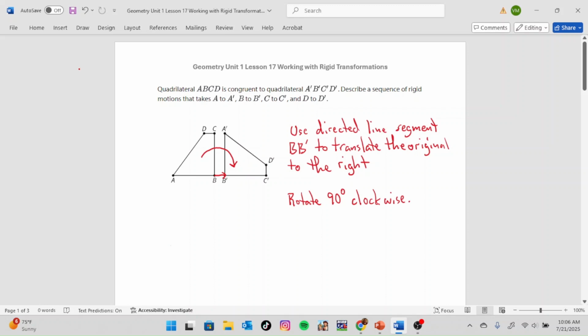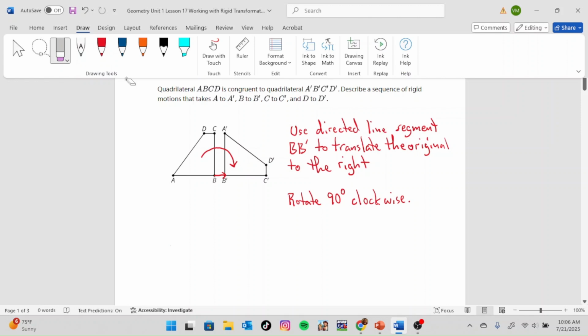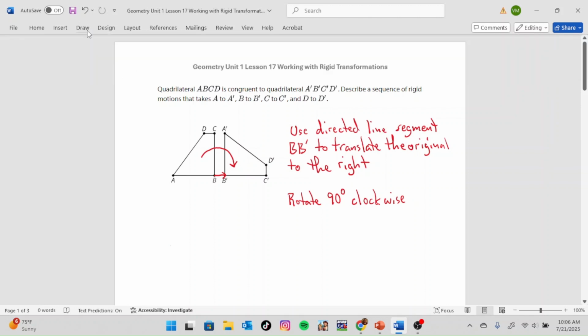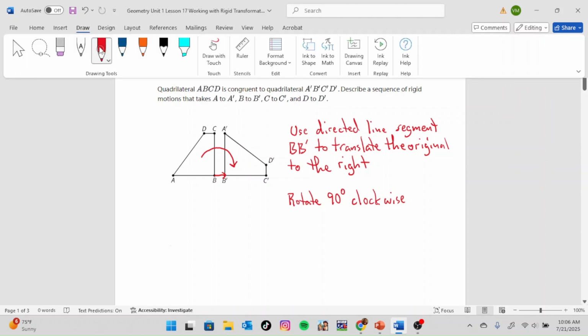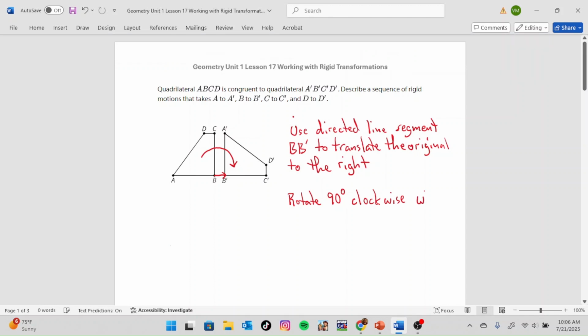And once we've done that, let's specify 90 degrees clockwise with B prime as the center.